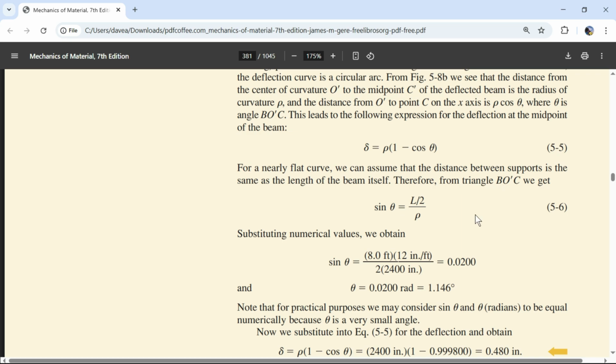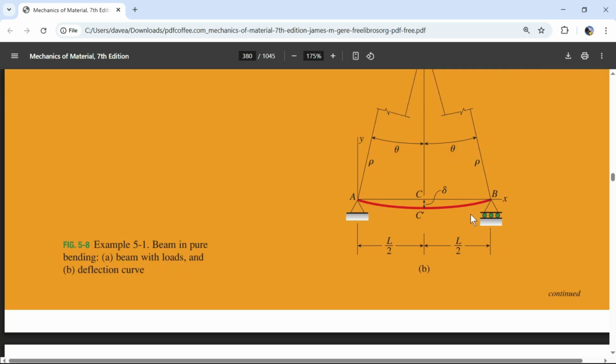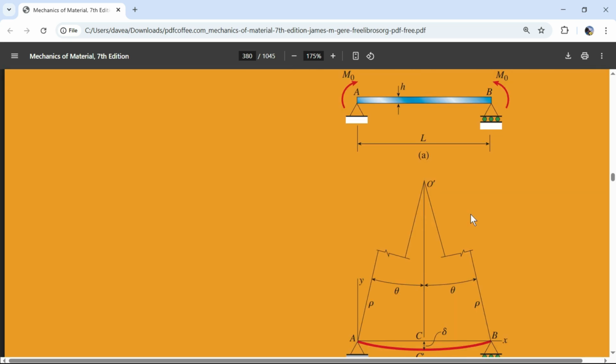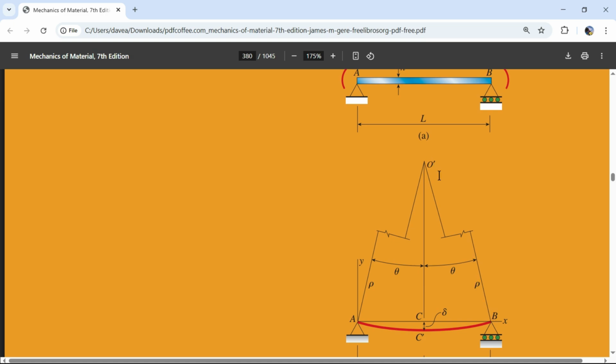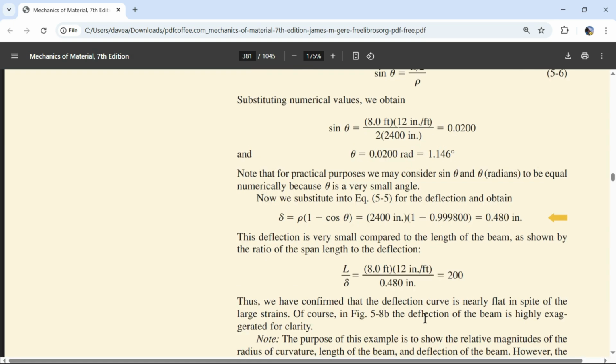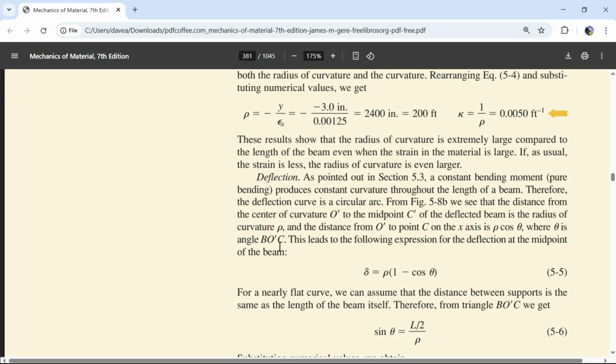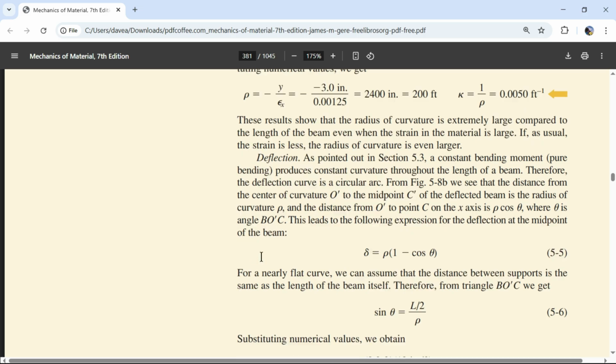Therefore, this triangle BO prime C, so that's what they're trying to show, well, theta is that angle of BO prime C. This leads to the following expression for the deflection at the midpoint.